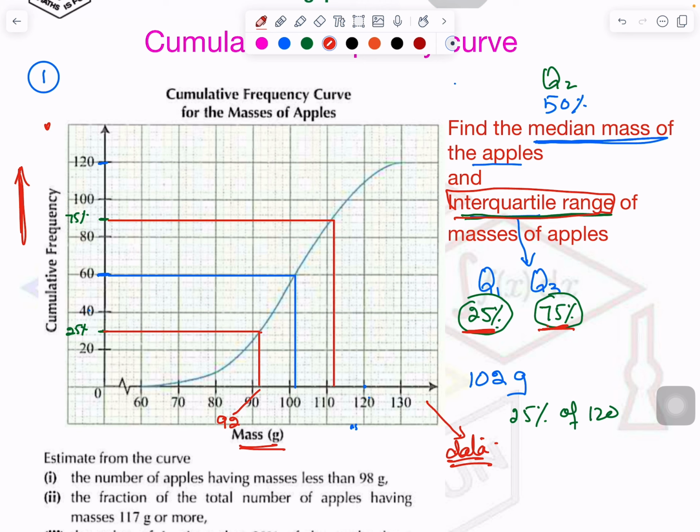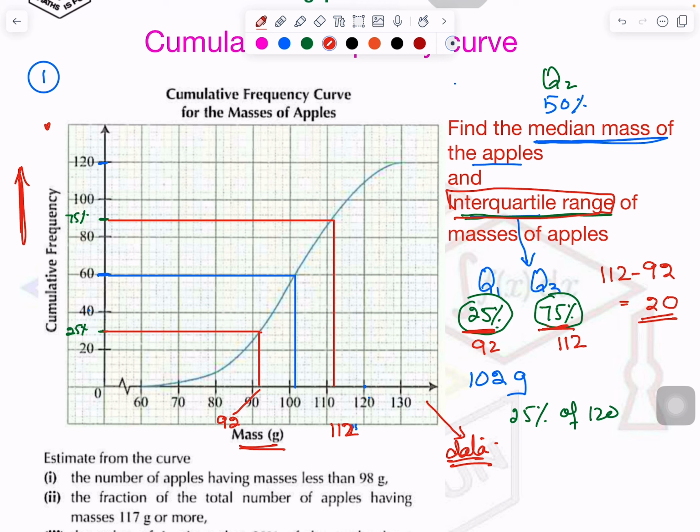Suppose, okay, I may be a little bit off, but it's all right. So this is 112. So now 75% means 112 mass and 25% is 92 mass gram. So for finding out the interquartile range, you will do 112 minus 92. So what will it be? 20 gram. So the interquartile range is 20 gram.